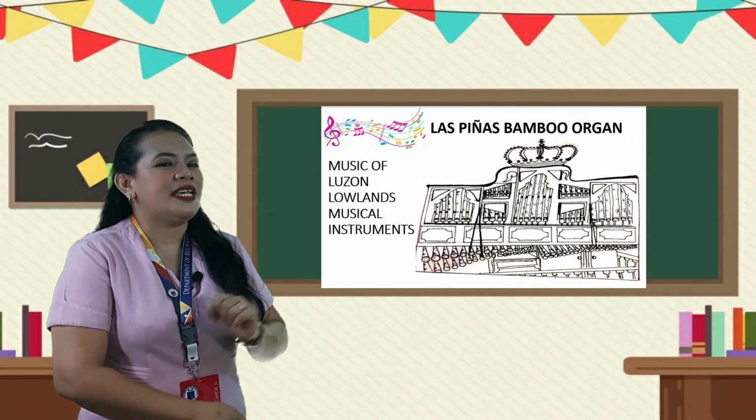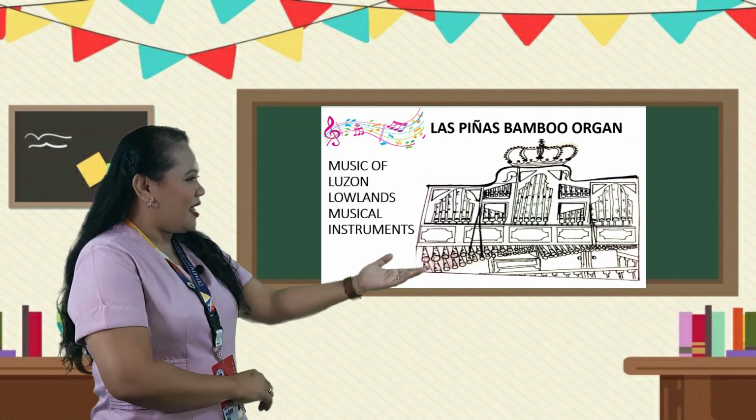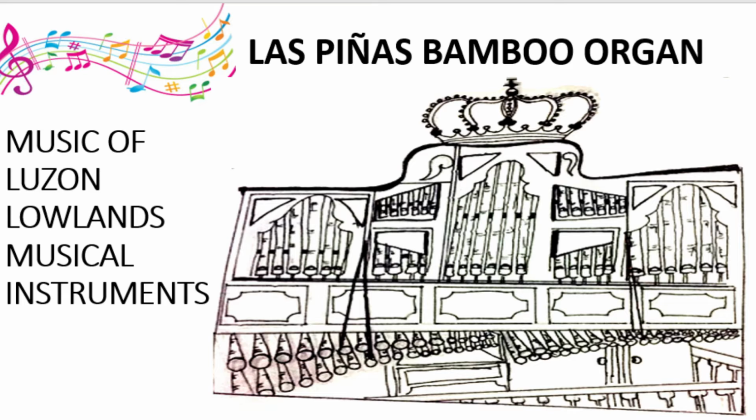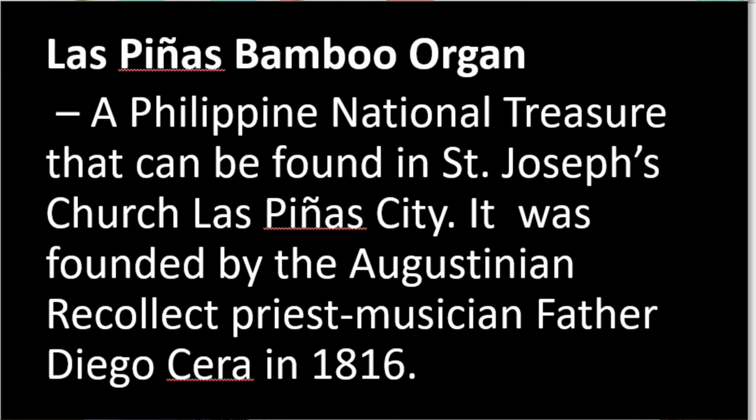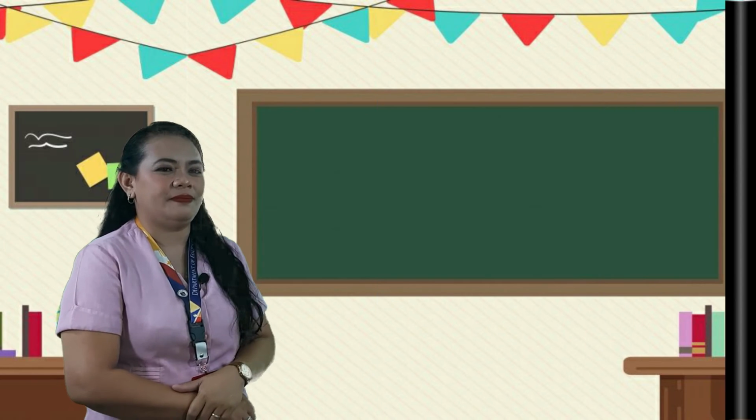The third one is the famous Las Piñas bamboo organ, a Philippine national treasure that can be found in St. Joseph's Church in Las Piñas City. It was founded by the Augustinian Recollect priest and musician Father Diego Sierra in 1816.